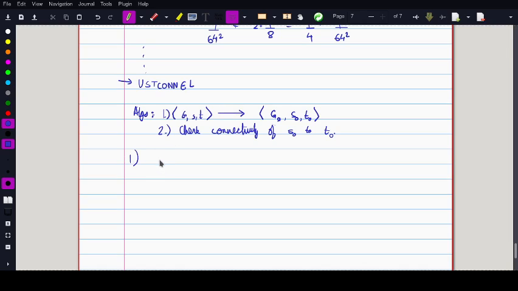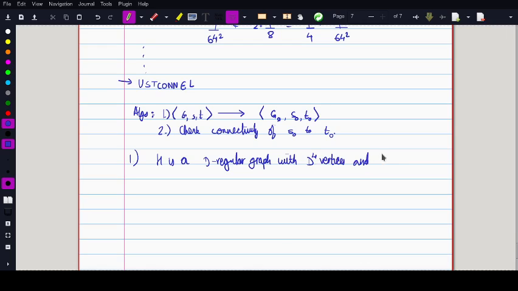You assume that H is a d-regular graph with d to the power 4 vertices, and let's say lambda 2 of H is less than or equal to 1/4.